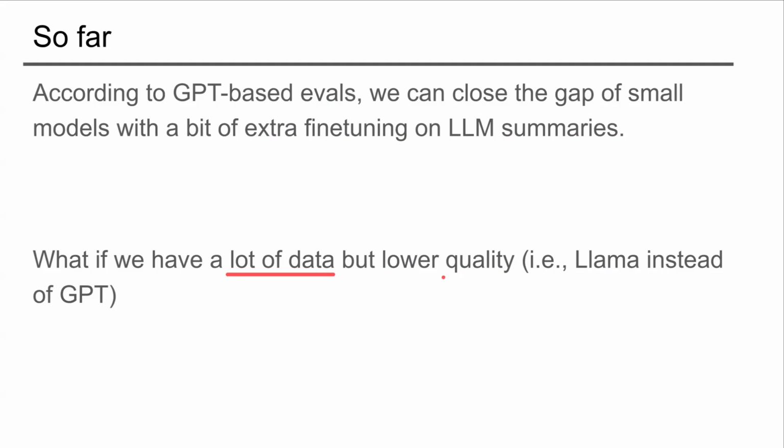It might be lower quality, but because it's cheap, we can just generate a lot of data. So we use an open source model, Llama 2 at the time, to generate a lot of summaries, and then train this BART model. And the Llama model is much smaller than GPT, but it's still 10 times larger than our model, and it's heavily trained. So we expect it to still provide good signals for our model.